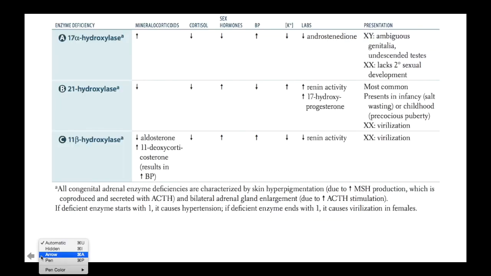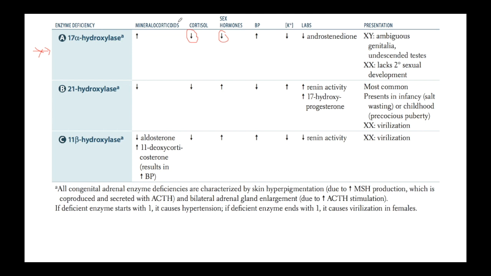And from First Aid, just to summarize these three again, with 17 alpha hydroxylase, that was the one that we saw going this direction, so blocking our ability to form sex hormones, and also blocking our ability to form glucocorticoids.